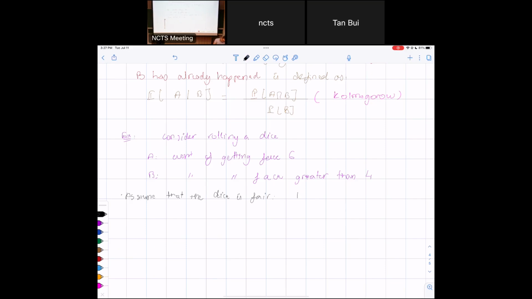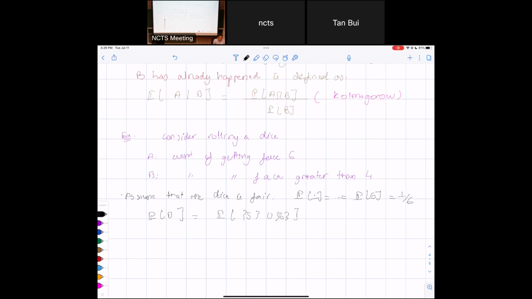So that means P of 1 is equal to P of 6 is equal to 1/6. Then B is the event of getting a face greater than 4, so B is nothing more than the union of 5 and 6. Everybody see that?